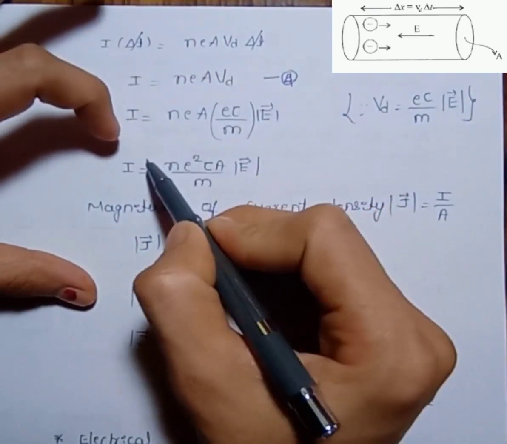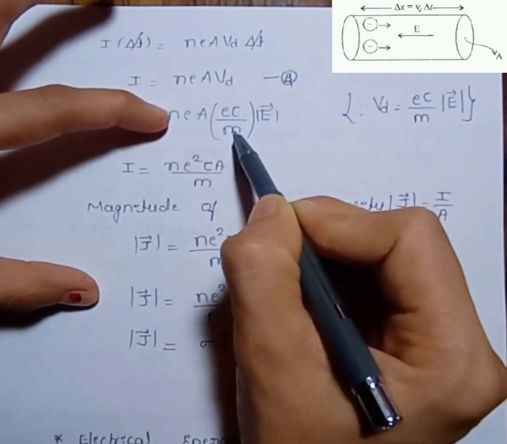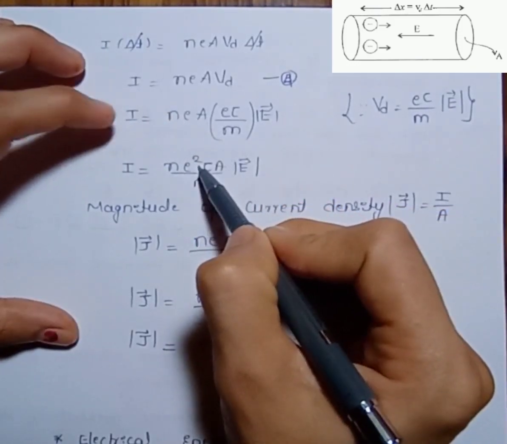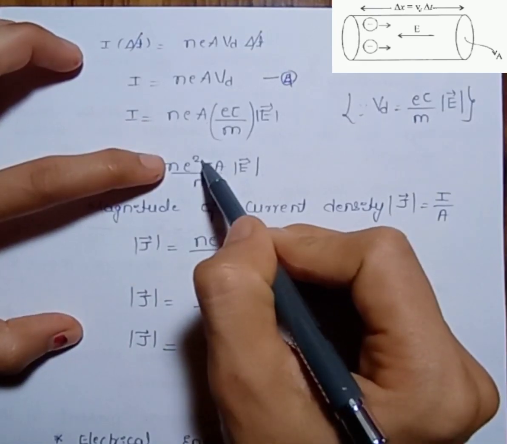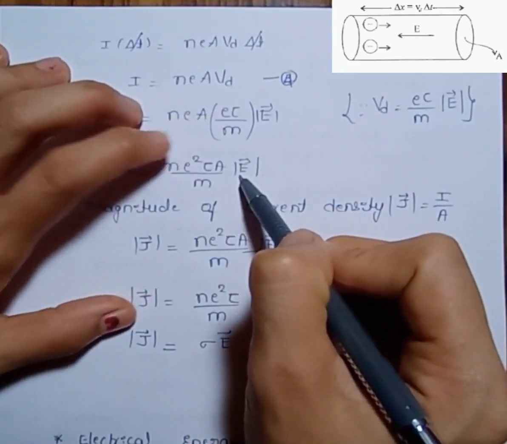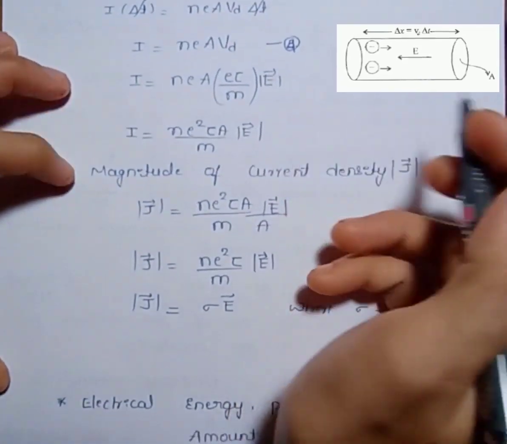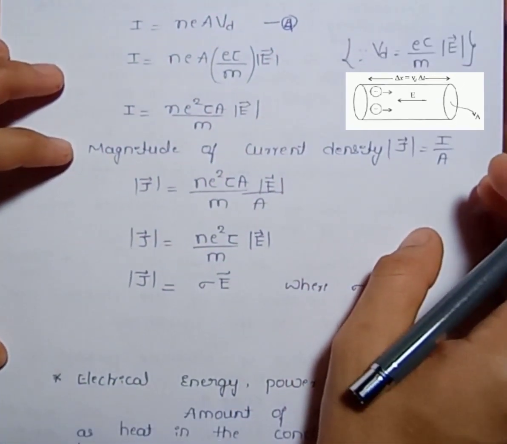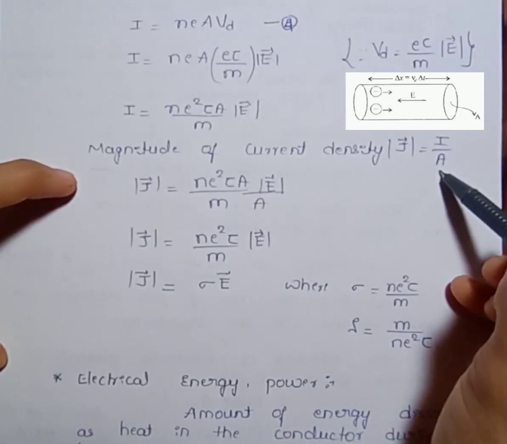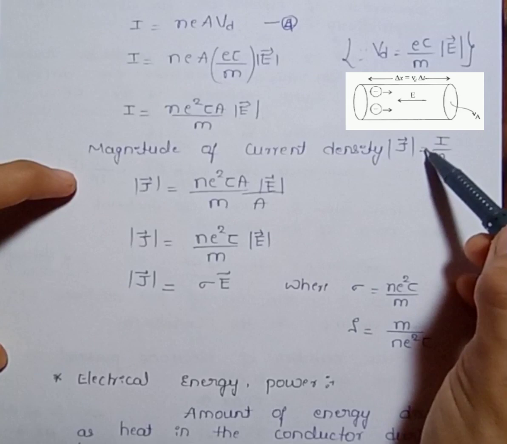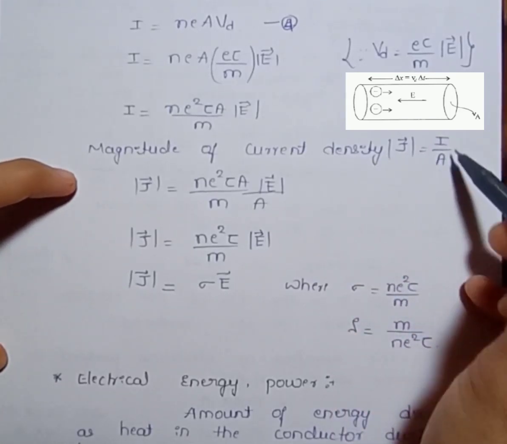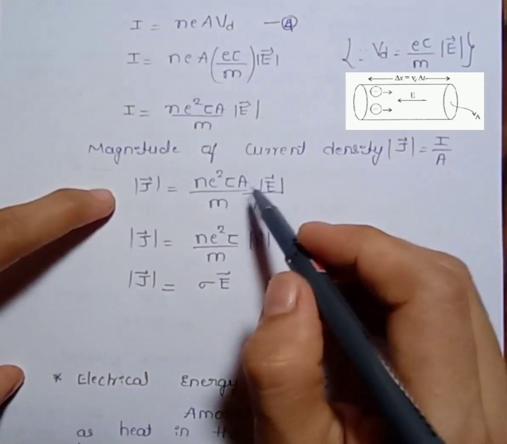Then I becomes n e A into e tau divided by m into E. Here e into e becomes e square. Then I is equal to n e square tau A divided by m into E. The magnitude of current density J can be written as I divided by A. Just substitute the value of I in the expression J equals I divided by A. Then what will we get?